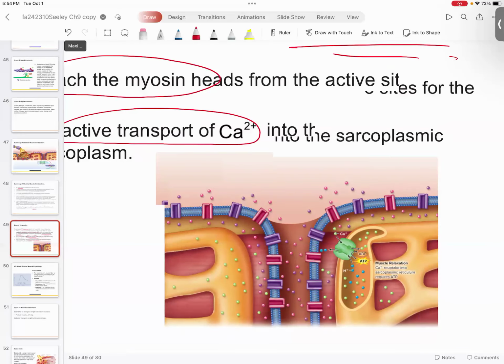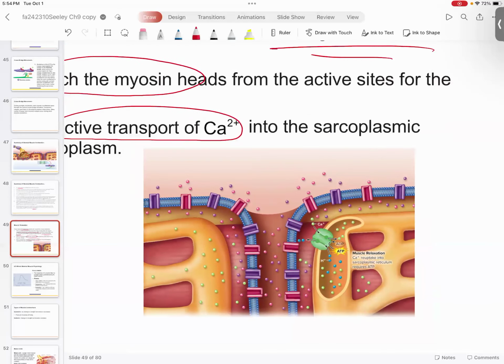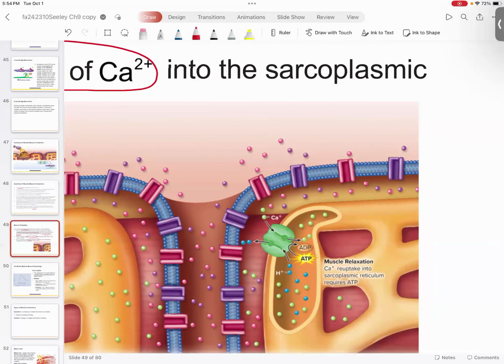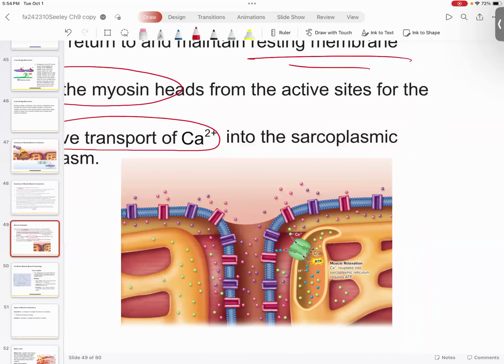So here you can see, for the first time, they actually have this one, where you can see the calcium pump here. So basically, you can see the calcium pump is pumping a calcium ion, dumping that back into the sarcoplasmic reticulum, and it's using a hydrogen ion as its counter. So basically, there's two things going on. It's kind of like you did with the sodium potassium pump. One's going in, one's going out.